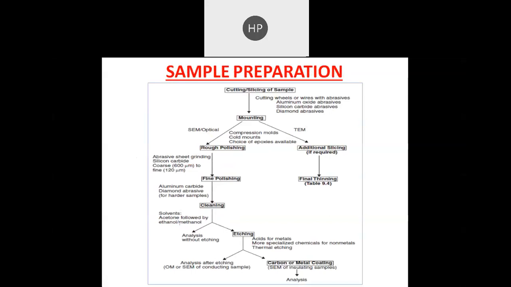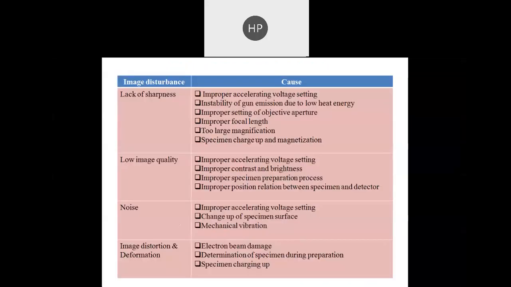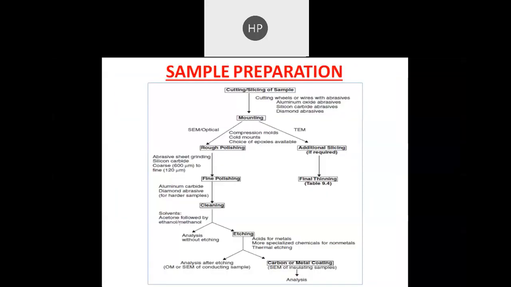And this is the important thing, that before we perform SEM analysis we have to prepare the sample. First we have to cut the sample.